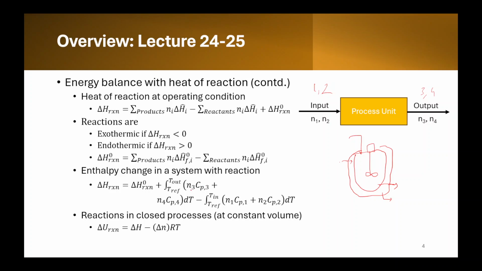That will be N3 Cp3 plus N4 Cp4 dT from Tref to Tout, because that will be the output temperature, and the addition of heat due to the reactants is given by this term. Also consider reactions in closed processes at constant volume.